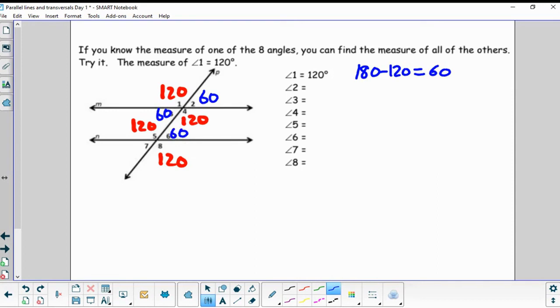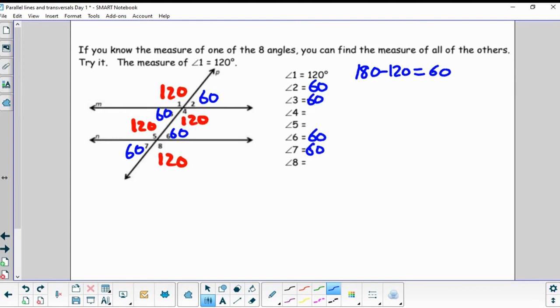Wow, that's pretty powerful if you think about it. So even though these look big with 8 different angles, you can actually find them very easily. As we go down through this list, these angles are either going to be 120 or 60. I'm filling them in as I go, making sure that I write them on the correct ones.